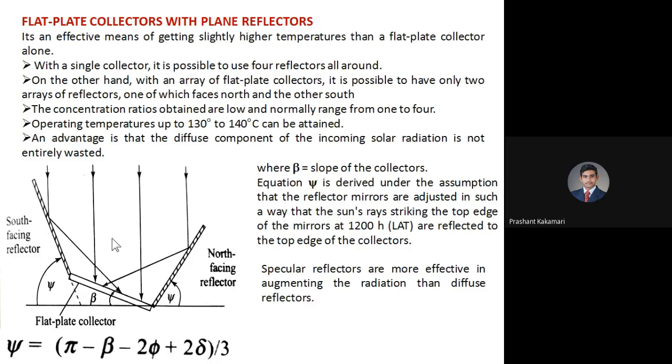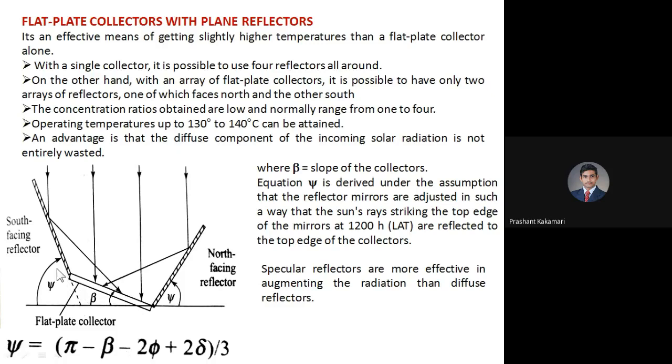To overcome that shadowing and the reduced absorption time, the idea is to keep only north-facing or south-facing reflectors. Some reflection may also be possible from the ground, but that is taken as a different case. Whatever angle is required to keep these reflectors in a given position, so that throughout the day maximum solar radiation can be focused on the flat plate collector, that may be possible.